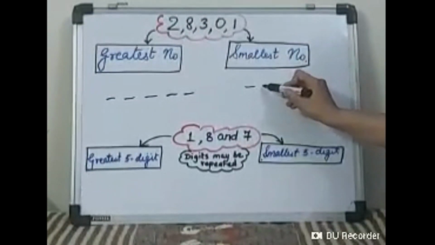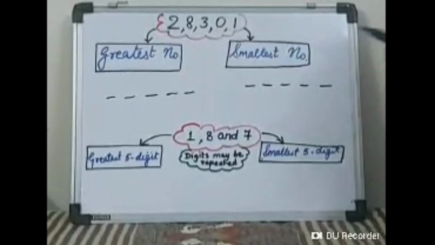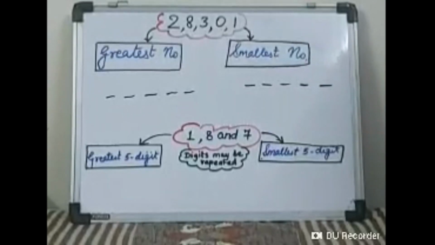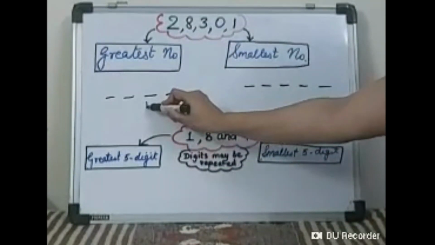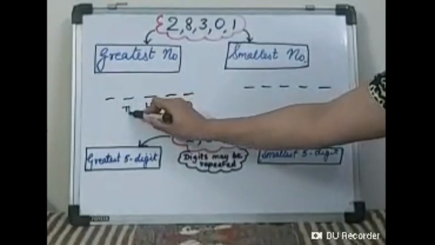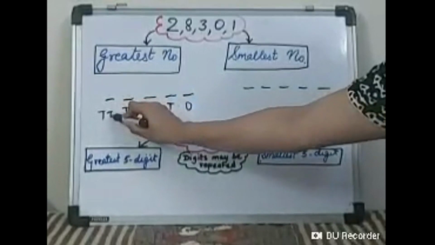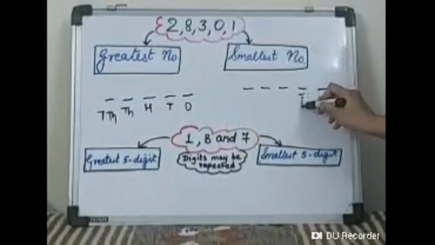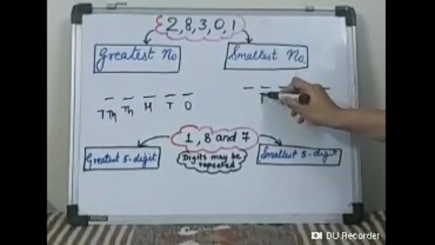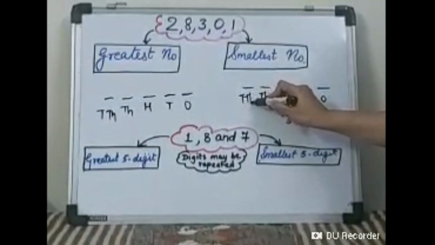Similarly, for the smallest number also, let us give its place value. Ones, tens, hundreds, thousands and 10,000.